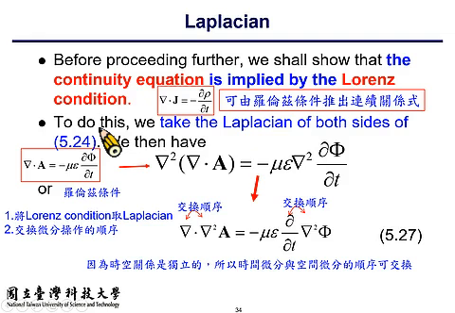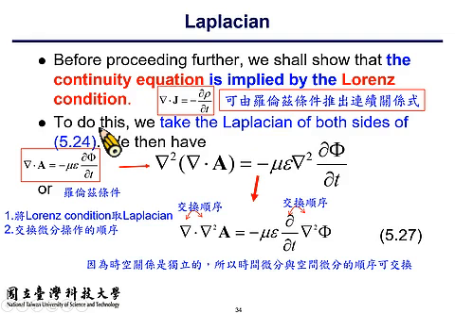Well, even though we cannot prove it directly, according to some observation of the EM equation relationships, we are pretty confident about the validity of the Lorentz condition. Here's one example. The continuity equation is implied by the Lorentz condition.